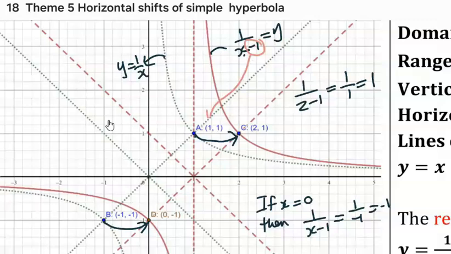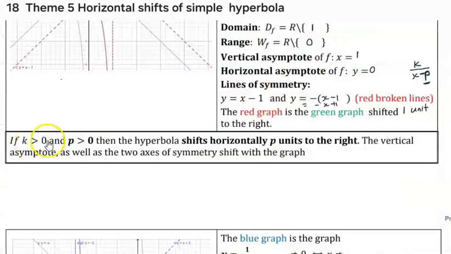That p value is plus 1, which is positive. That's why it's moving to the right. So we conclude if k is positive and p is positive, then the hyperbola shifts horizontally p units to the right. The vertical asymptote as well as the axis of symmetry shift with the graph.